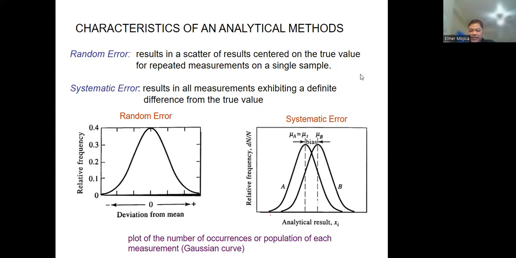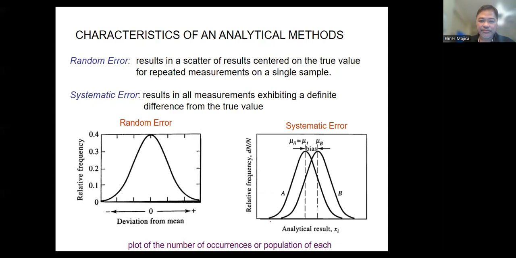it results in the scatter of results centered to the true value for repeated measurement of a single sample. So when we have random error, usually they said we can do anything. Okay, it is an error that will happen whether we like it or not, compared to what we call systematic error.